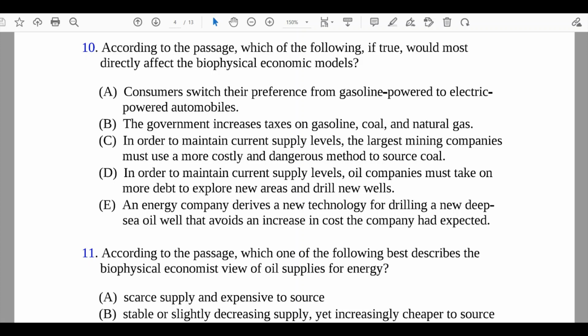And answer E says that the new technology helps the company avoid an increase, which means the cost remains the same and thus has no impact on the economic model at all. So the correct choice is answer C. Let's go forward to the 11th question.